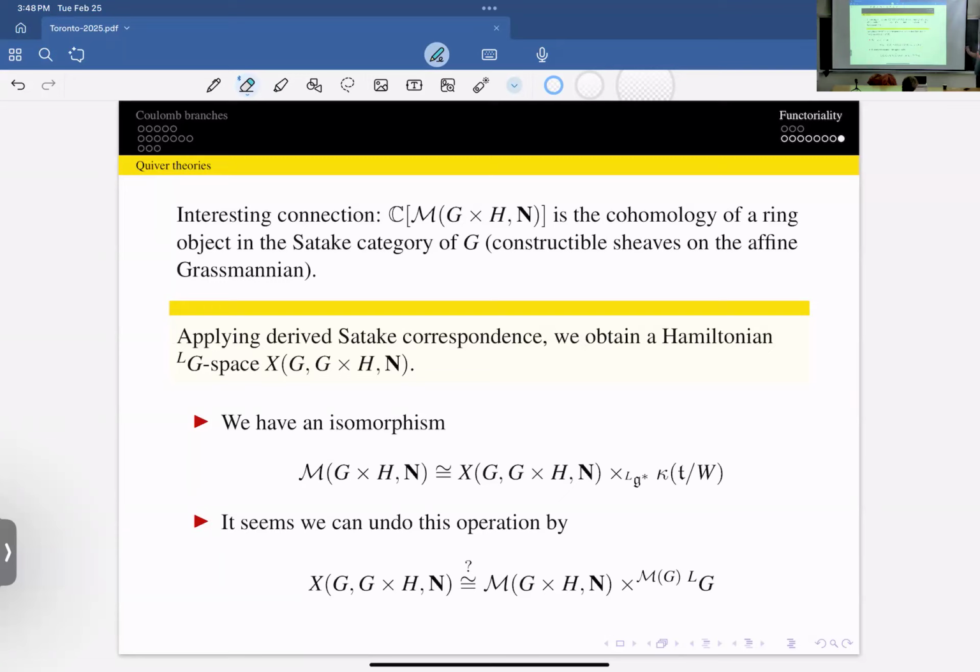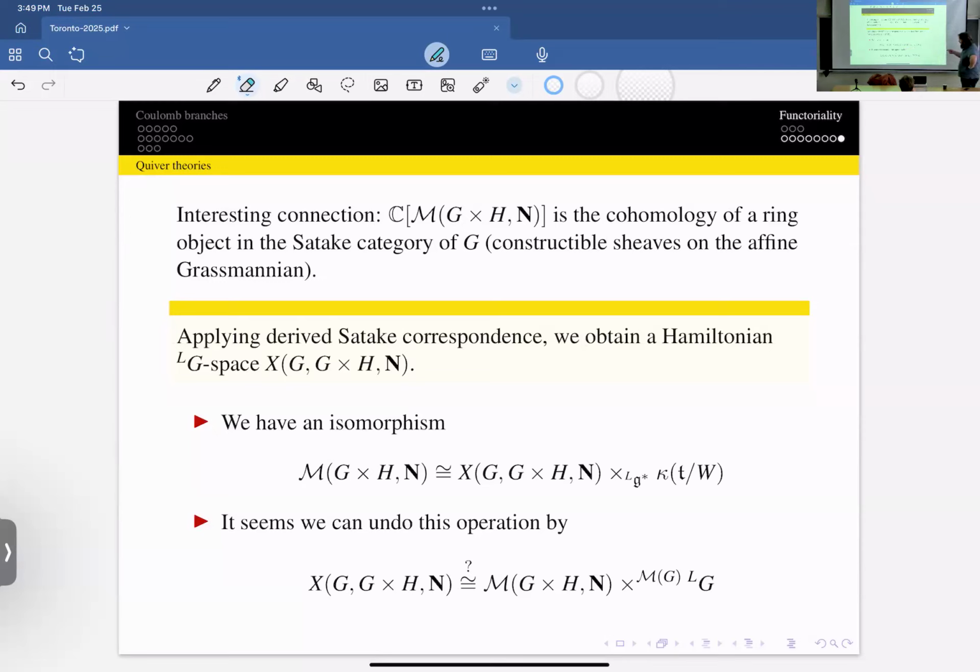So by the derived Satake equivalence, I get a Hamiltonian G space, GL space. And I know I should say it's like a derived stack or whatever, but let me just think of it as a space. So we know how to get the Coulomb branch from this guy, which is we think about the map to the dual of LG, and we pull back by the constant section.